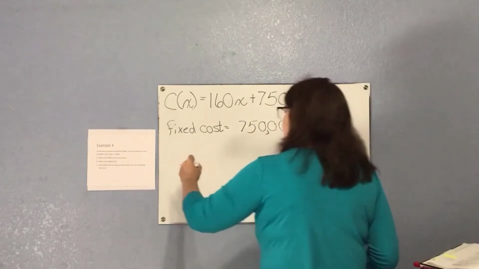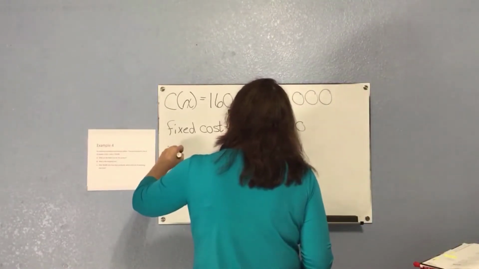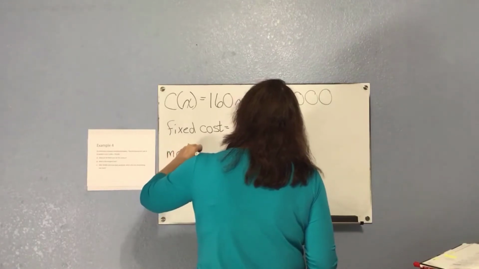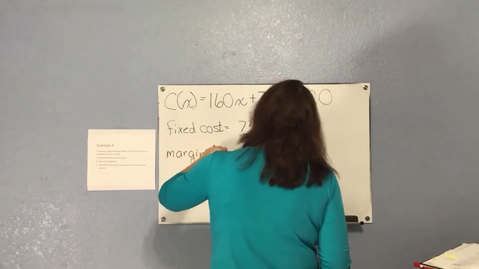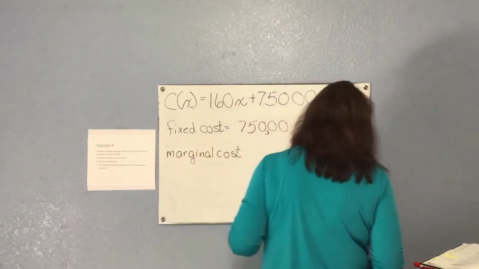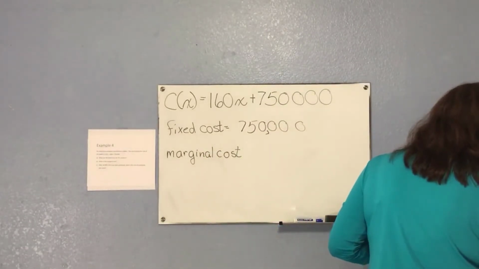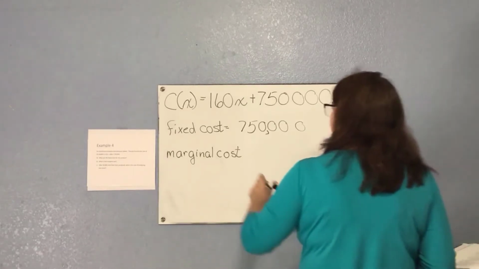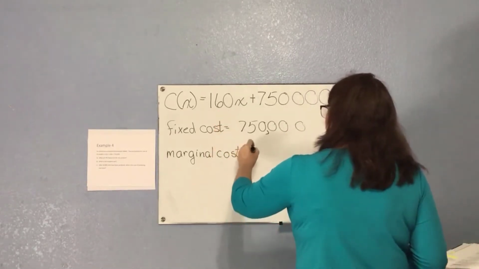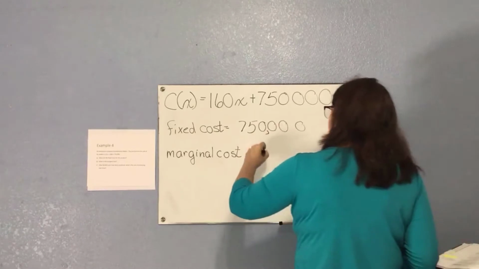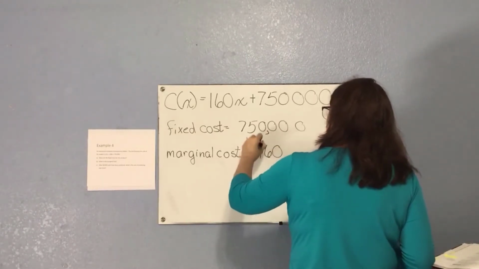Okay, now we want to know the marginal cost. The marginal cost, very simply, is the slope. That's how much it costs to produce each item, $160.